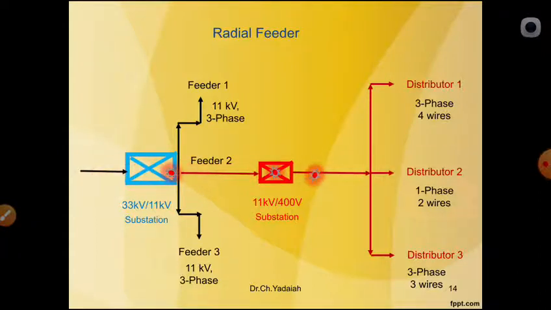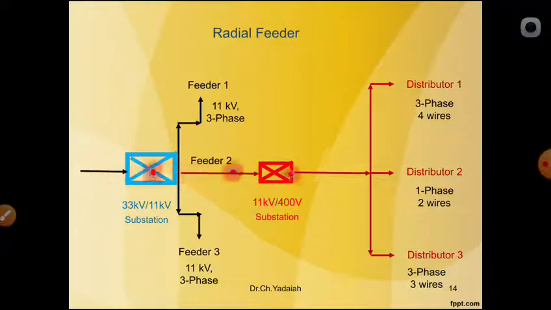For example, if the 11 kV by 400 volt DTR nearby fails, distributor 1, distributor 2, and distributor 3 may all not get the supply. This is a single radial system, so we call this a radial system.